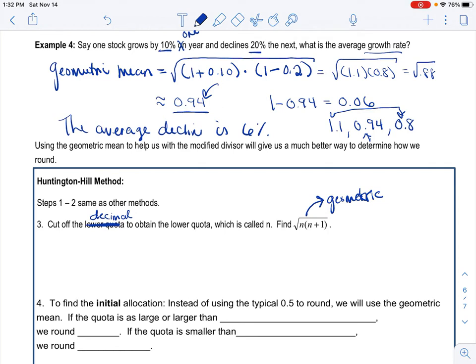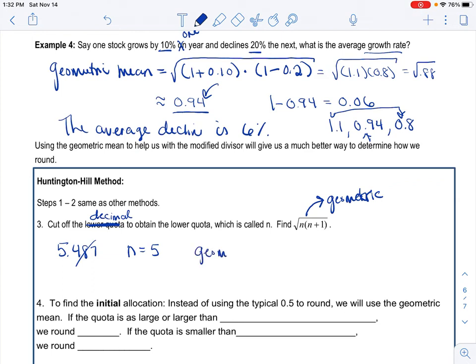So say we do all this work and you get something like 5.487. You would cut this off and your N would be 5.